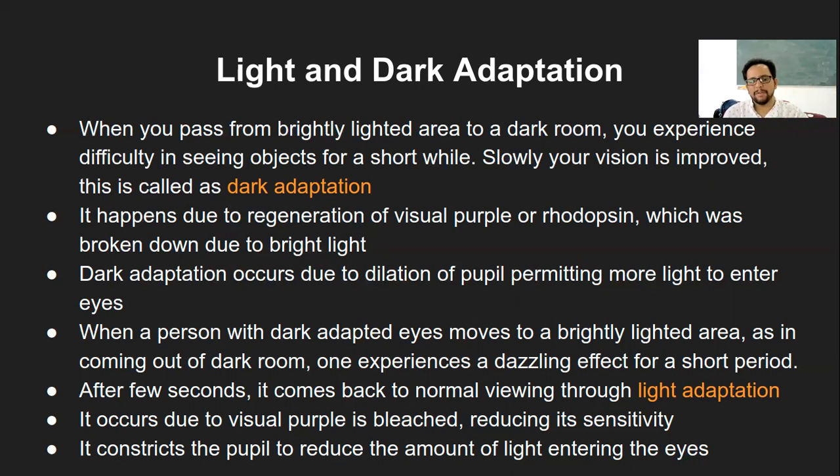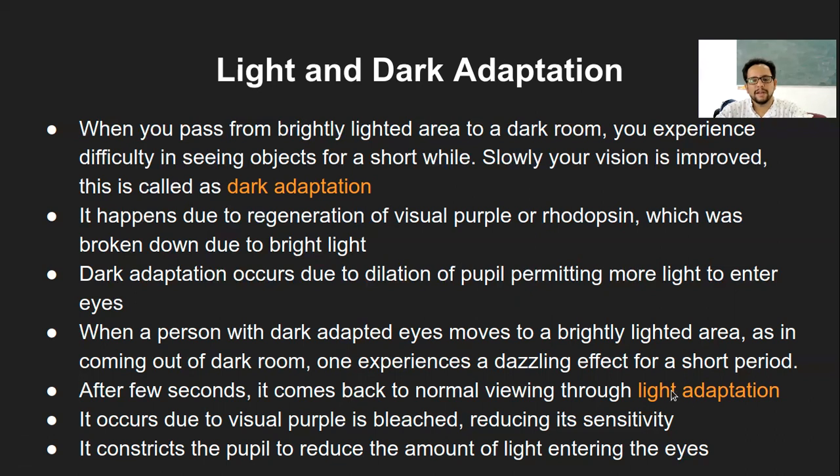And the same thing happens the other way. When a person with dark adapted eyes moves to a brightly lighted area, if you are in the dark and you suddenly go into a bright area, as you are coming out of a dark room, you experience a dazzling effect for a short period.